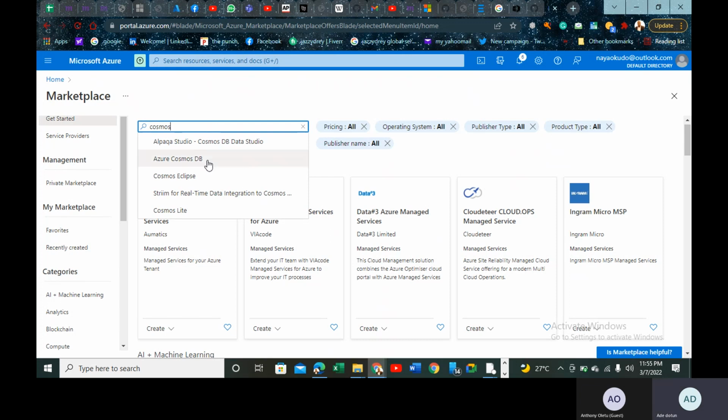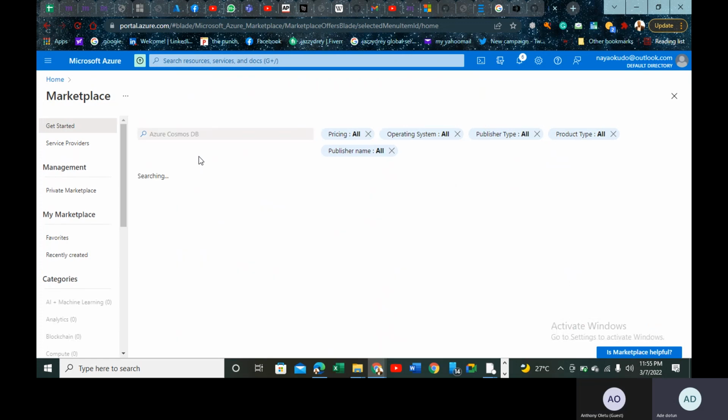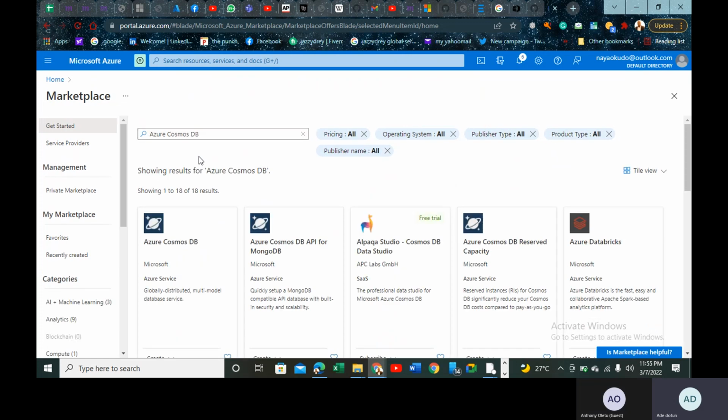As you can see, just click on Azure CosmosDB. We're looking at this one, the CosmosDB API for MongoDB. So this is what we want, Azure CosmosDB, a globally distributed multi-model database service.